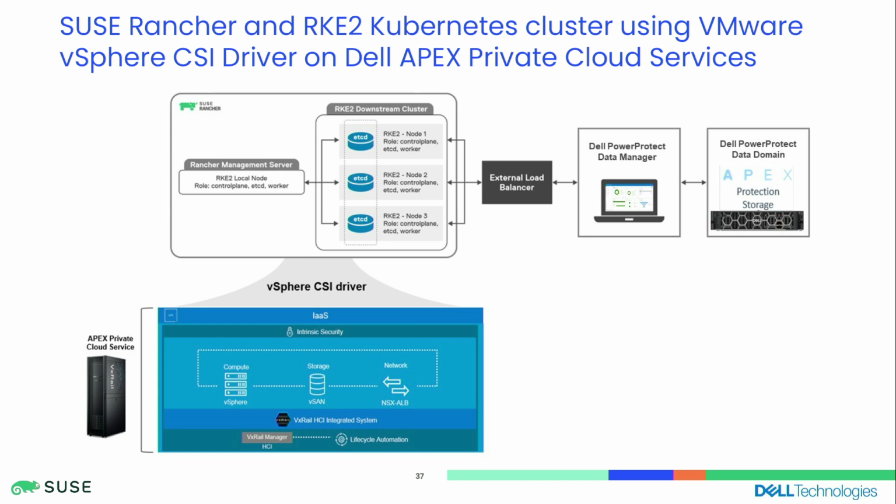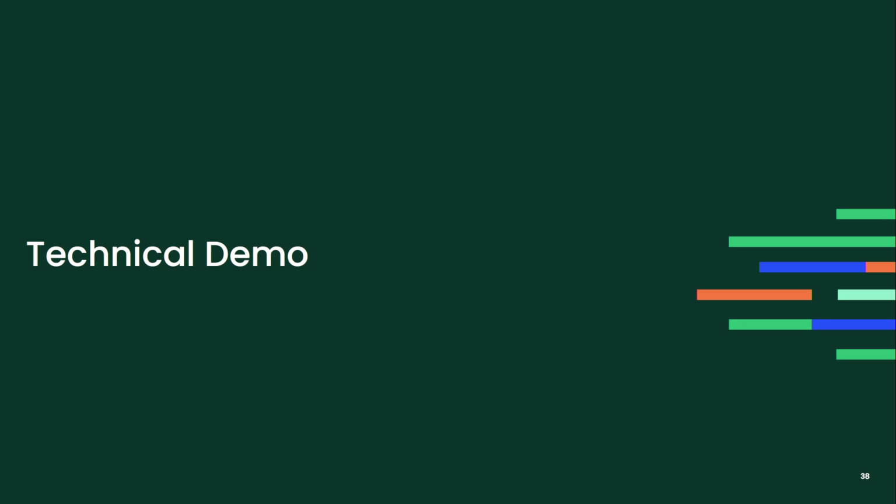On top of the operating system, you have RKE2 downstream clusters, and the applications are running on top of the RKE2 downstream cluster. So PPDM has the ability to connect to the downstream cluster and back up those applications in an Apex Private Cloud configuration. PPDM backs it up and then sends the data to the Data Domain appliance.